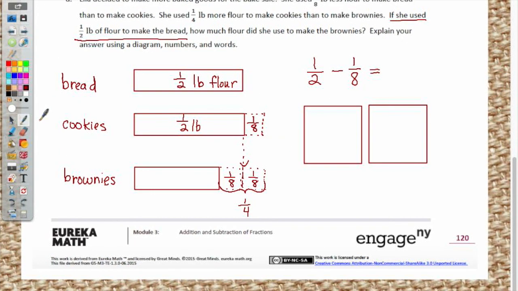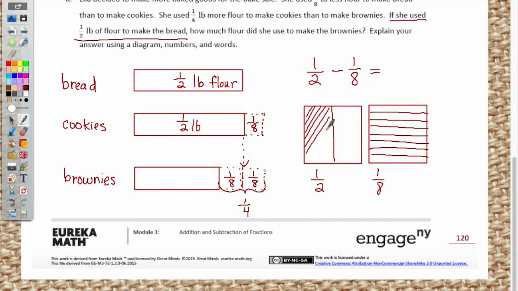So fraction model, 1/2, 1/8, and I'm going to add or subtract. Am I going to add or subtract? Subtract, because the brownies used the least amount of flour. What's your common denominator based on the strategies we've been using? 16.